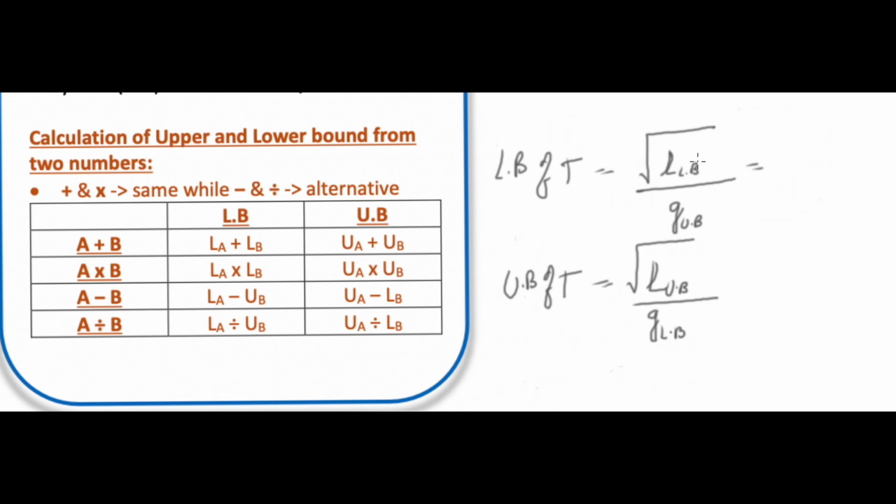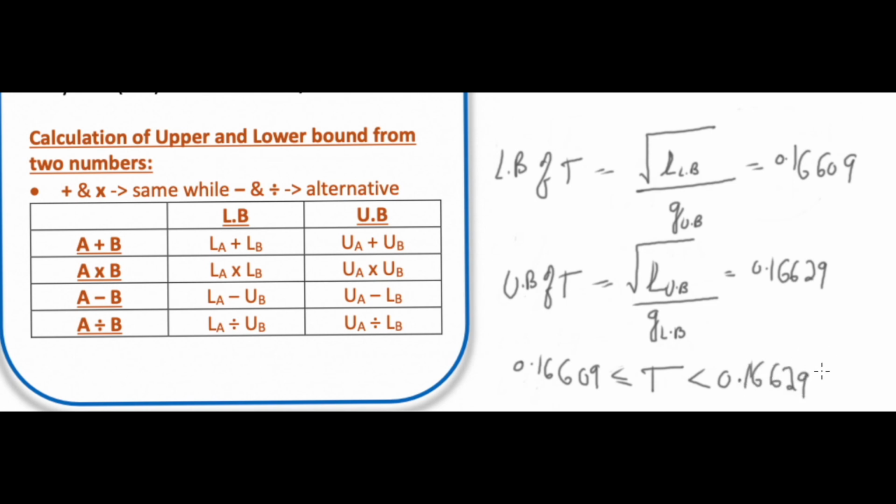When you insert the values which we calculated before and solve it, you will get 0.16609, and here you get 0.16629. So the error interval would be: here you write the lower bound 0.16609 less than or equal to time period less than 0.16629. So this would be the answer.